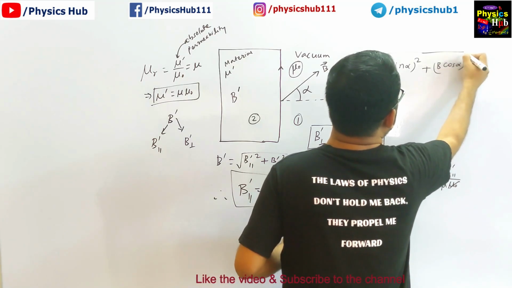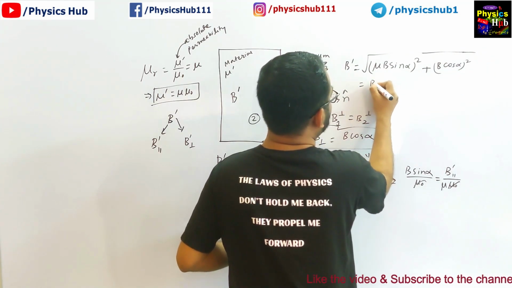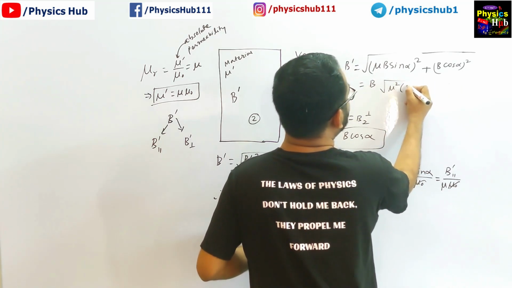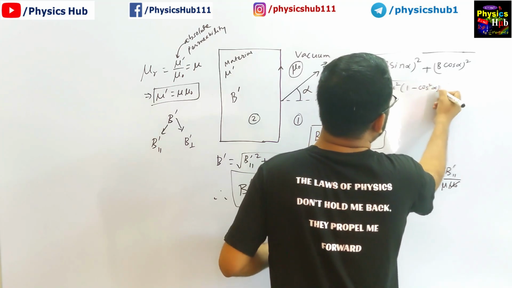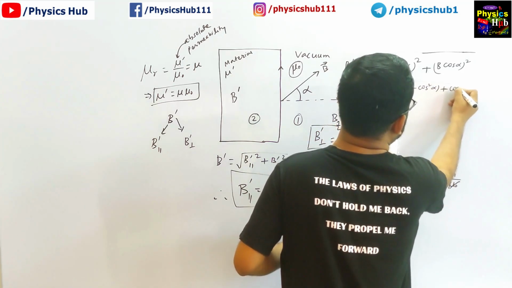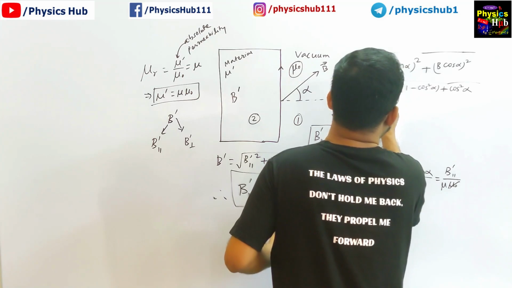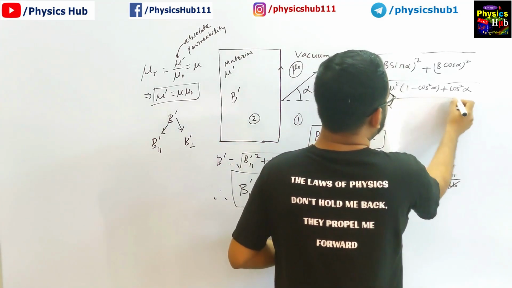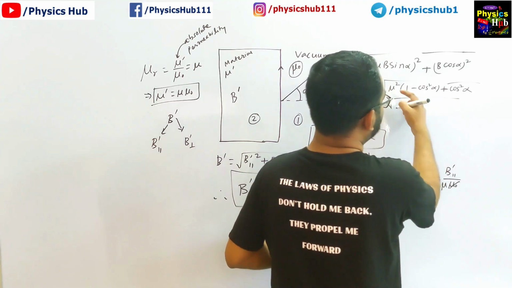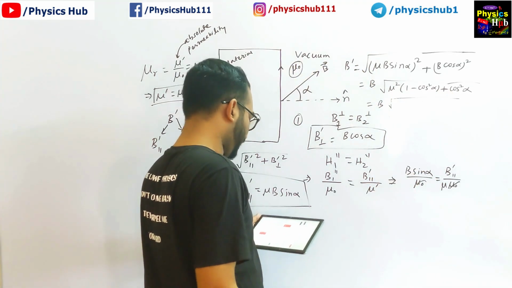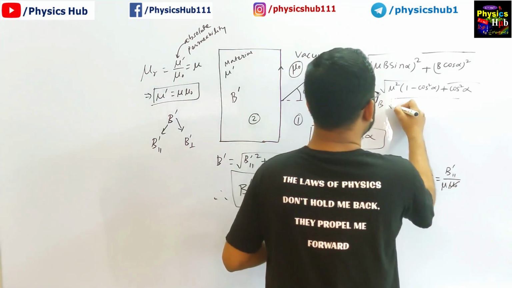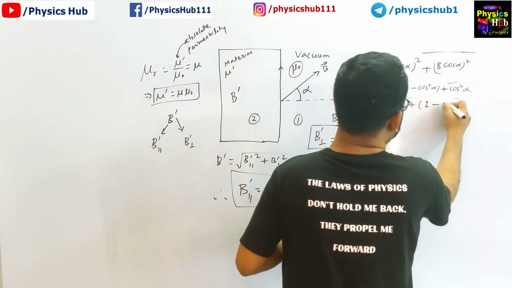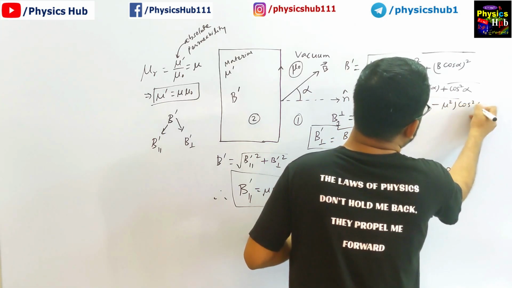This B can be taken outside, and under the root, mu square into sin square alpha, where sin square alpha is 1 minus cos square alpha, and this cos square alpha is remaining. So B into root over: you can see mu square and minus mu square cos square alpha plus cos square alpha. So we can keep mu square alone here, mu square plus this (1 minus mu square) cos square alpha.